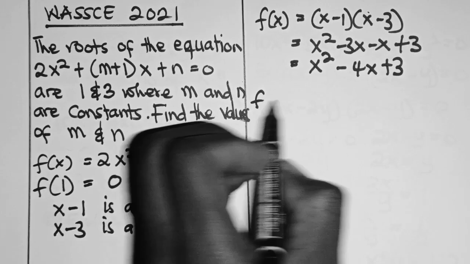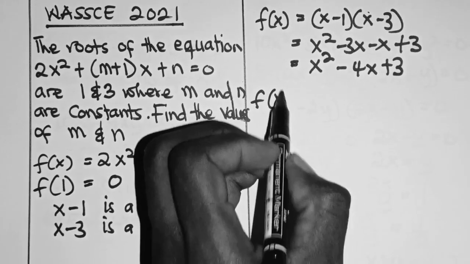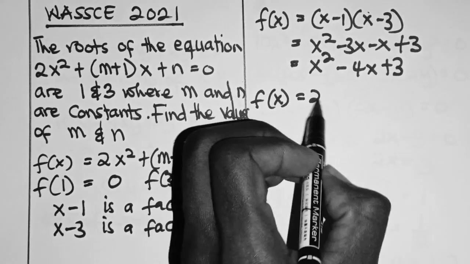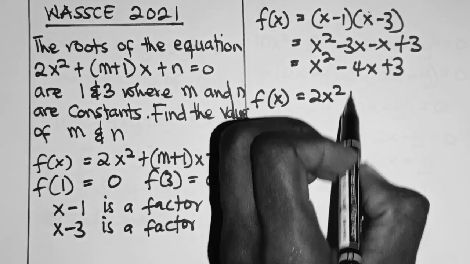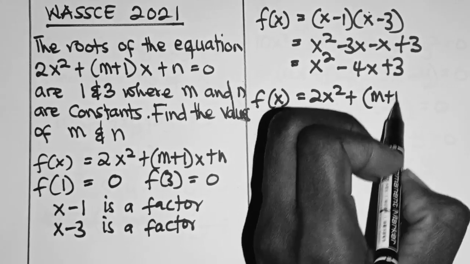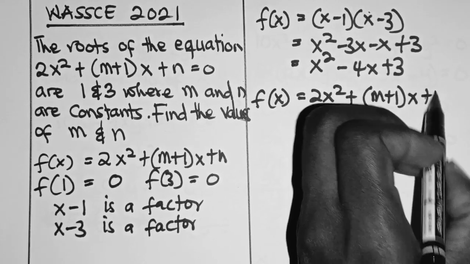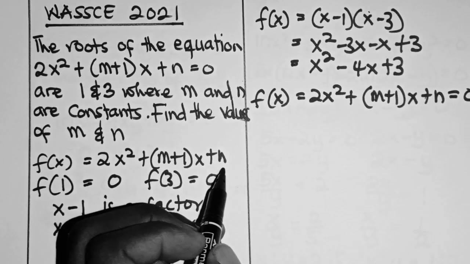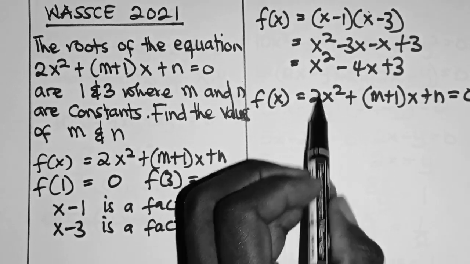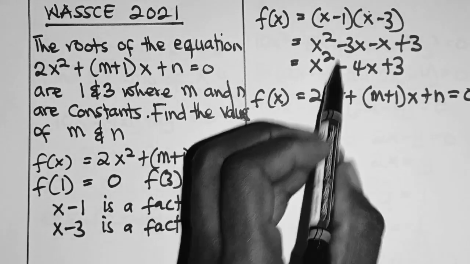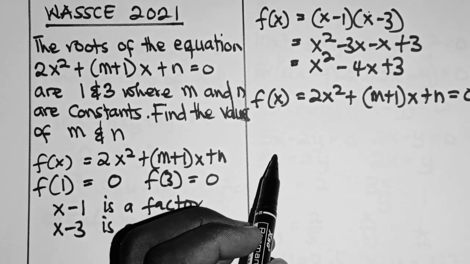Nonetheless, we know that f of x is equal to 2x squared plus (m plus 1)x plus n, and that is equal to 0. So what we need to do is to make the coefficient of x squared 1, just as it is in this case.